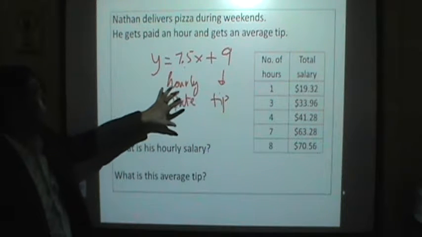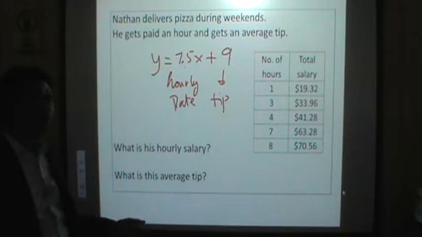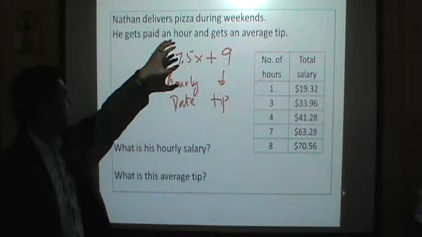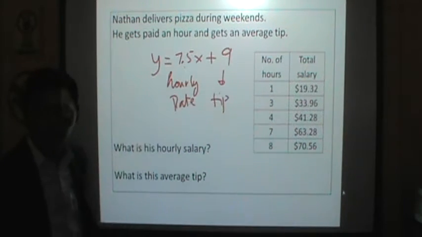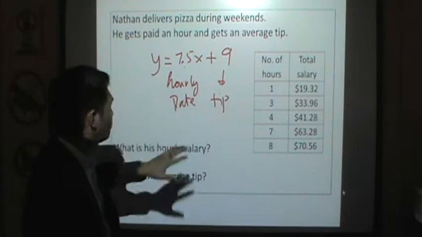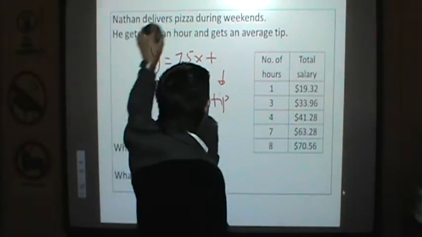So here we need to find the equation so we would know the hourly rate and at the same time the tip. So we need to make sure we know how to find the equation given the table.